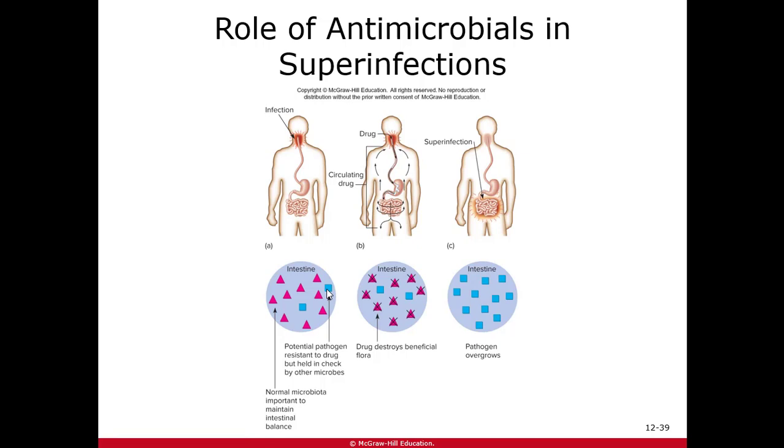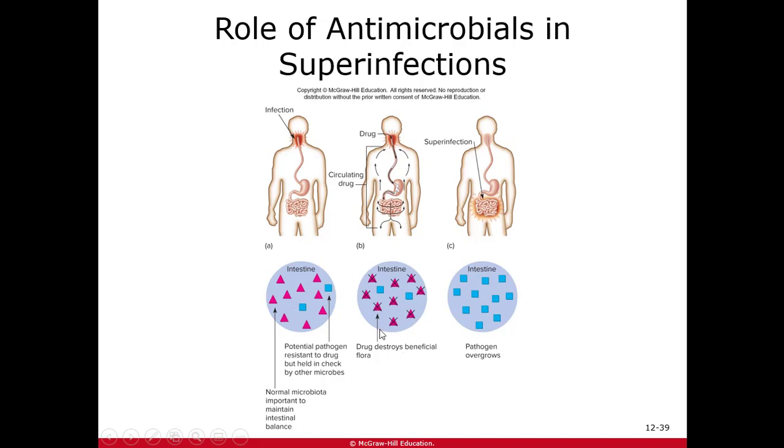And these normal good bacteria are keeping these guys in check, because these have a potential pathogenic effect, which means they could become a pathogen. They could cause a disease, but they're kept in check by your normal microbiota. But if you take a broad spectrum and you kill all your normal bacteria, nothing's keeping these guys in check, and they're going to start to grow out of control.